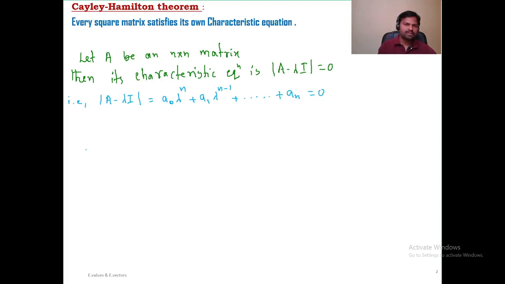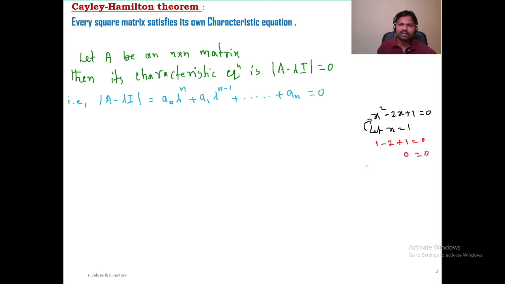See, for example, x square minus 2x plus 1 equal to 0. Take a second degree equation. Substitute x is equal to 1. What do we get? 1 minus 2 plus 1 equal to 0. Then 0 equal to 0 we are getting.